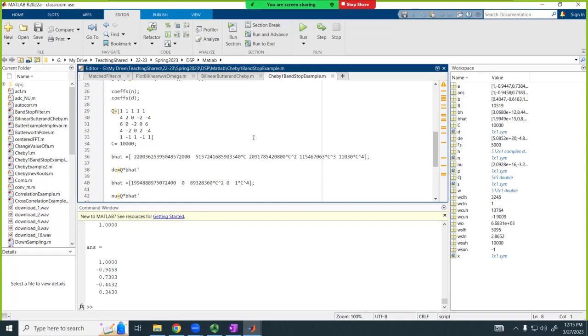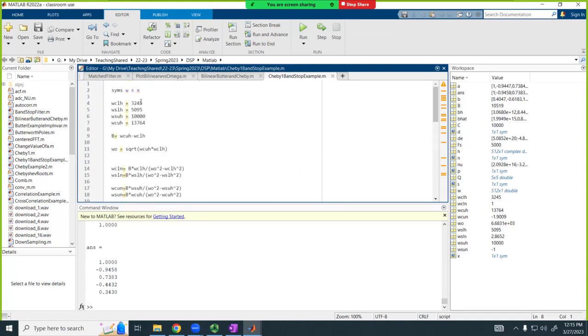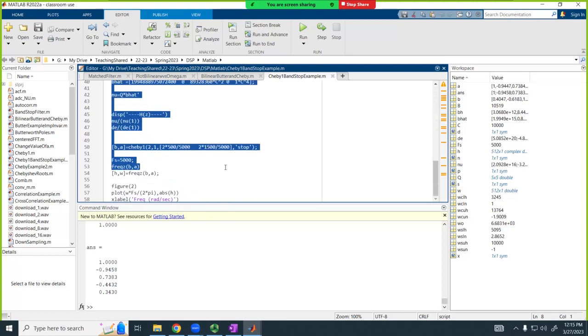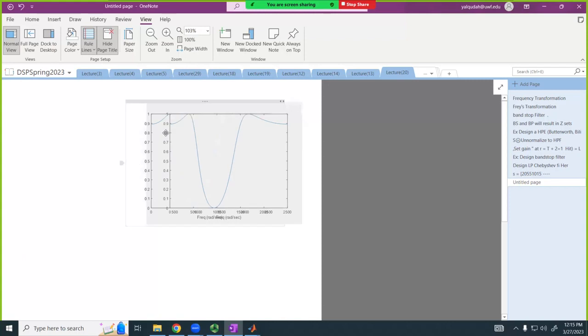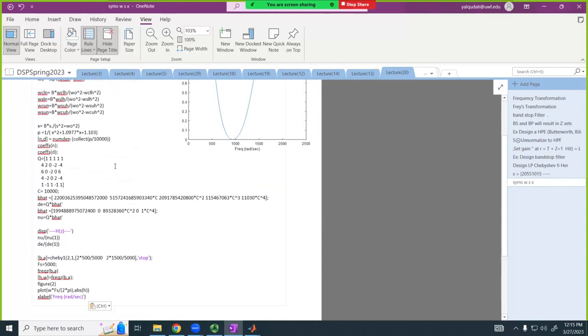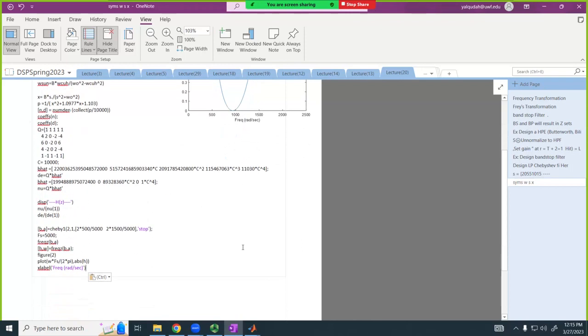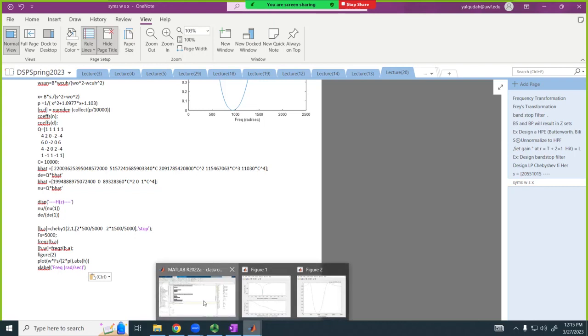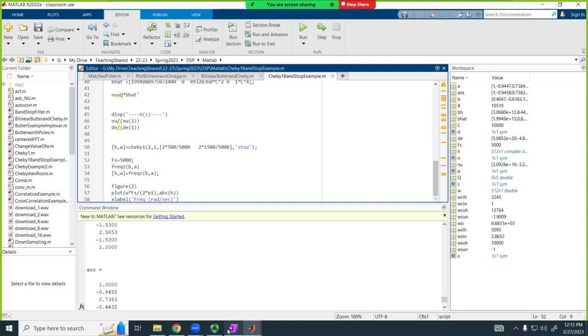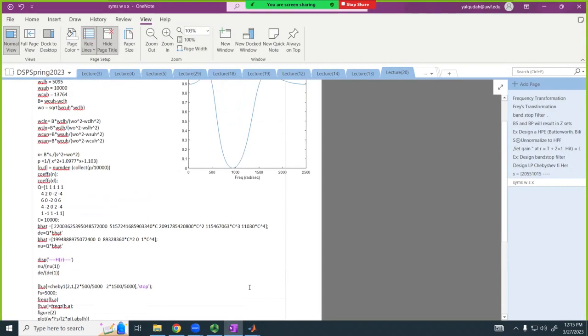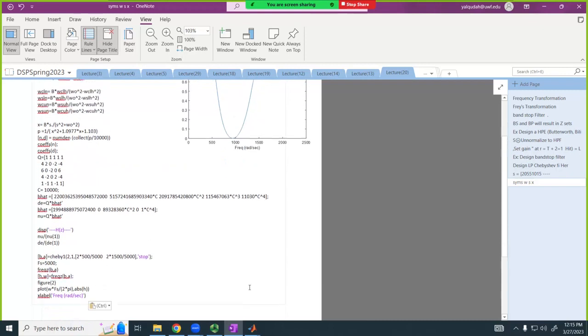Or I could have written a script that will do all this automatically, but I wanted you to see the numbers so you can cross-reference them with the solution that we had and fill in the missing numbers if you like. Okay, so at the end of all this, we get the numerator of H of z and the denominator of H of z, which is what we had there. Sounds good? Everybody?